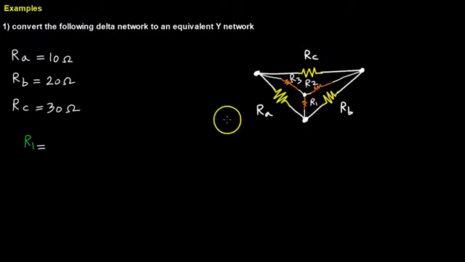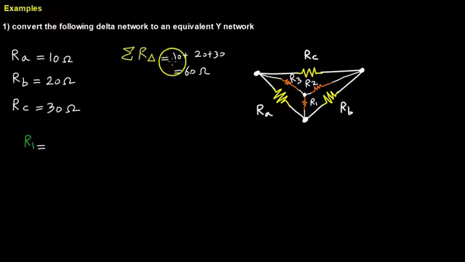Before we do any of that, let's find the sum of all resistors. Let's say the sum of R delta is equal to 10 plus 20 plus 30 ohms, which is going to give us 60 ohms. That's going to help us here because we won't have to keep writing that.